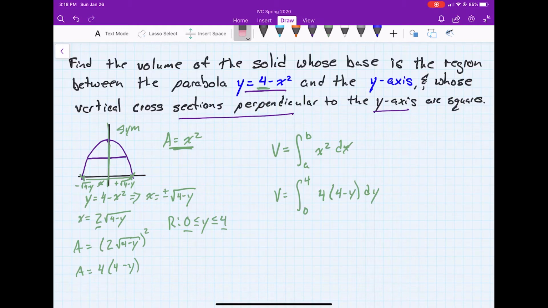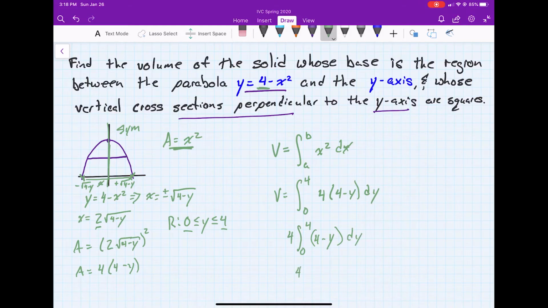Next step, I can pull this 4 out, or I could distribute it. I think it would just be easier to pull the 4 out, so I'm going to rewrite this as 4 times the integral from 0 to 4 of 4 minus y dy.